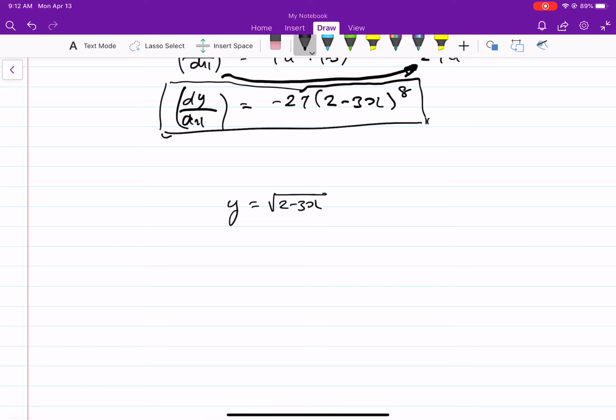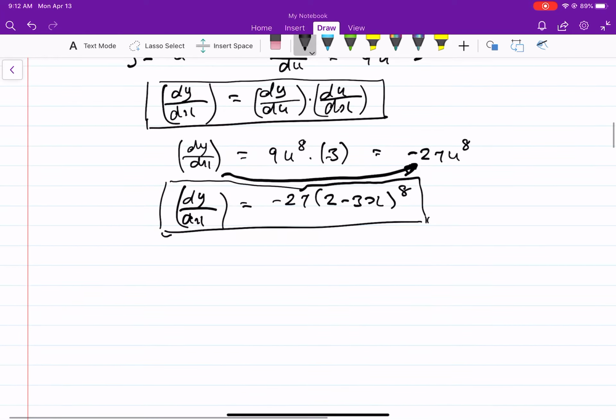Now, what is interesting is that's a long form of using the chain rule, this thing right here. And for the most part, you use it when you're doing certain applications, like, for example, connected rates of change. You want to multiply one rate of change, dy du, by another rate of change, du dx, to get a third rate of change, dy dx.